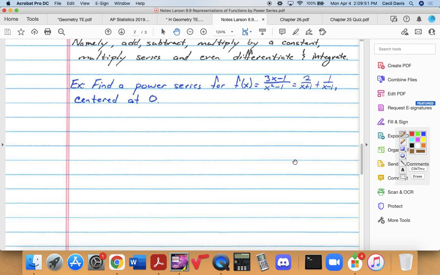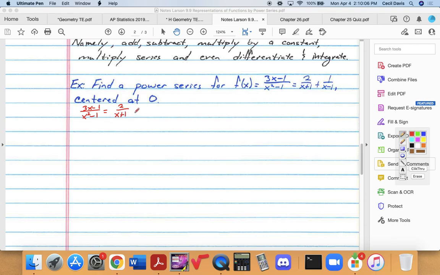So, we know that 3x minus 1 over x squared minus 1 is equal to 2 over x plus 1 plus 1 over x minus 1.